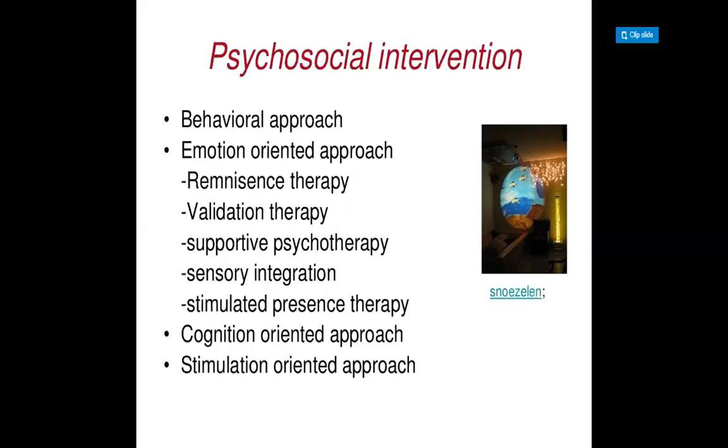Then next is validation therapy. Validation therapy is also a method of communicating and being with disoriented very old people. The age group for Alzheimer's disease is 65 to 74, or 85 or more than 85 years.